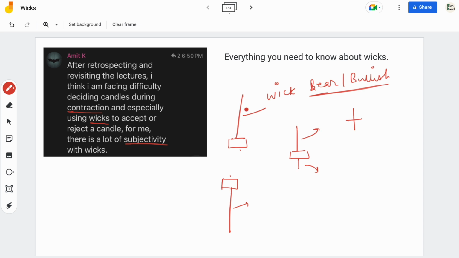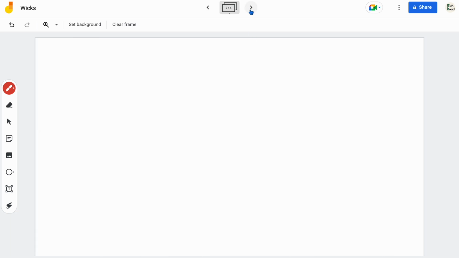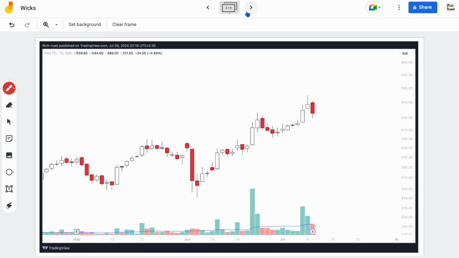But the good thing is, you will see a lot of people by default will call something bearish or something bullish. They'll see this wick and they'll call it bearish. And when they see this, they'll call it bullish. It's not as simple and straightforward. What is that? Let's see it, in fact, through a chart. Then I'll give you more theory on that. But let's see this real deal.